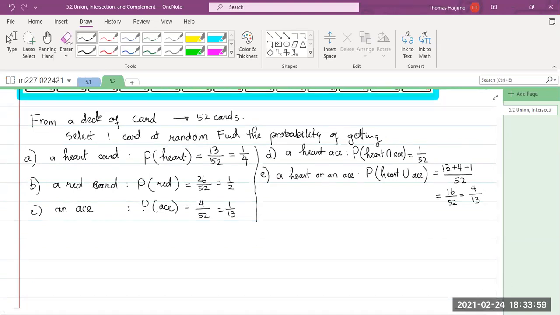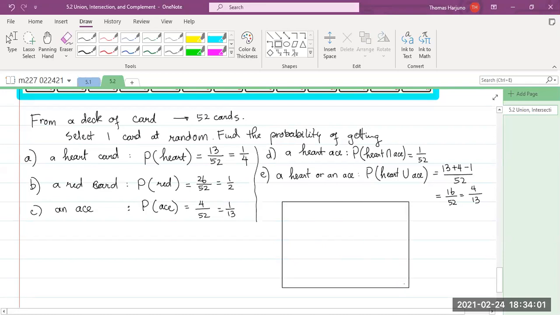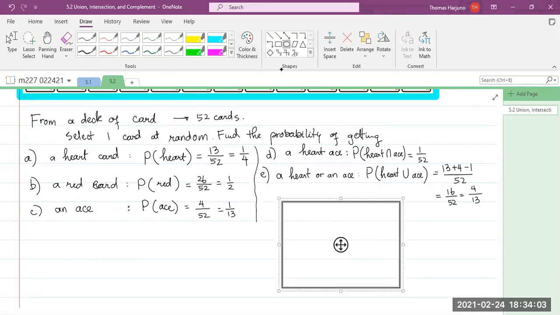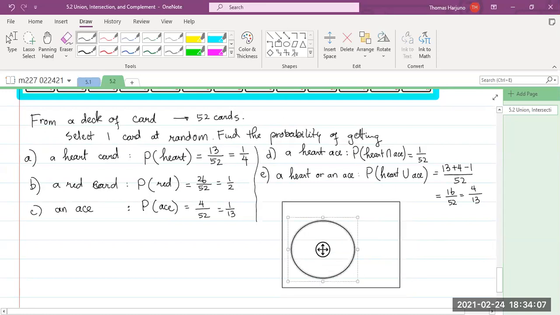Pictorially, if we describe that in a Venn diagram, I'm not trying to confuse you. I'm trying to show you that what we did in the Venn diagram earlier is in line with what we do here. So we have 13 heart cards and 4 ace cards, right? Now, one of them is in the intersection. There are 12 heart cards which are not ace, and 3 ace cards which are not heart.